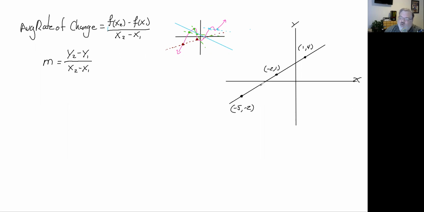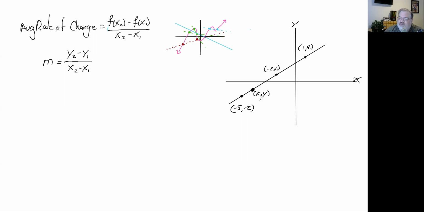A function is a way of defining every single one of these ordered pairs, every single point x, y, or x, f of x, if you prefer. Every point x, y on this line, I want a rule that defines all of them. Because trying to list all of the points out one by one would be an infinitely long list. It would be a pointless exercise. We'd never finish writing them all out.